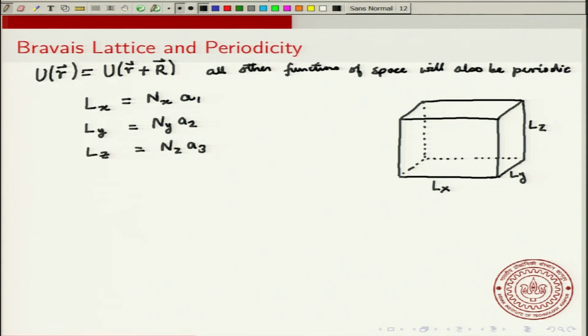So, what we are saying is that Lx is taken as an integer multiple, Nx is an integer, and this A1, A2, A3 are basically the lattice translation vectors of your Bravais lattice. So, the magnitude of each lattice translation vector is A1, A2, A3, and this is the unit cell corresponding to the Bravais lattice.